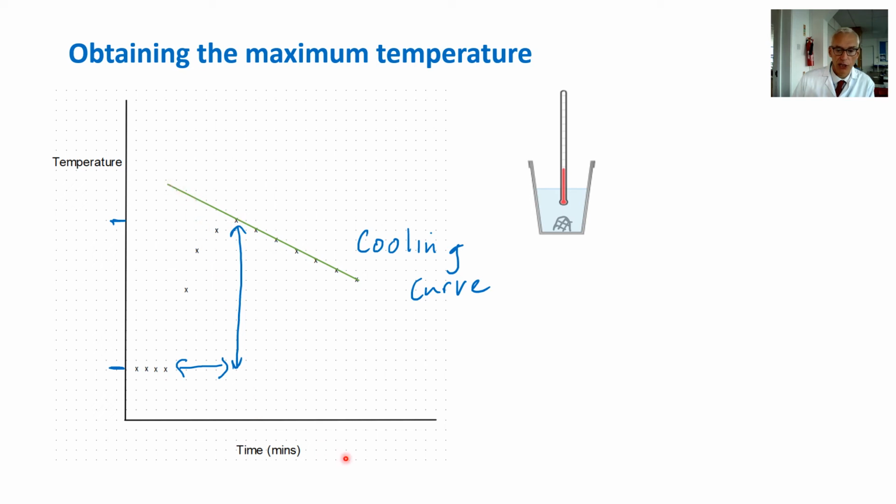So the true maximum temperature is actually up here, and therefore the maximum temperature change is the difference between the baseline figure and that extrapolated cooling curve. So that would be delta T, rather than this value here, which is not the true maximum or the best estimate of the true maximum. So that method is expected to be known and often comes up in examination questions.